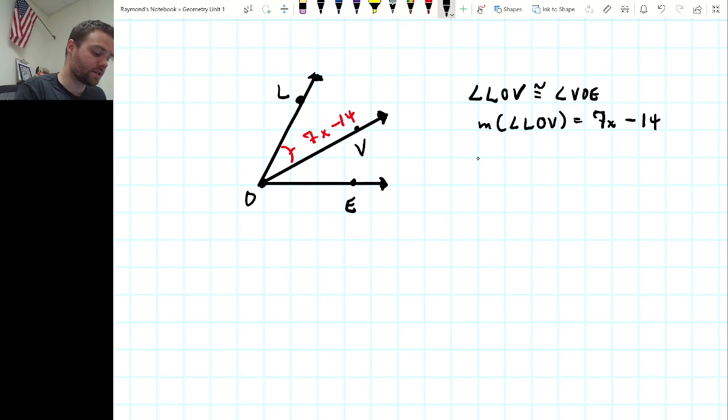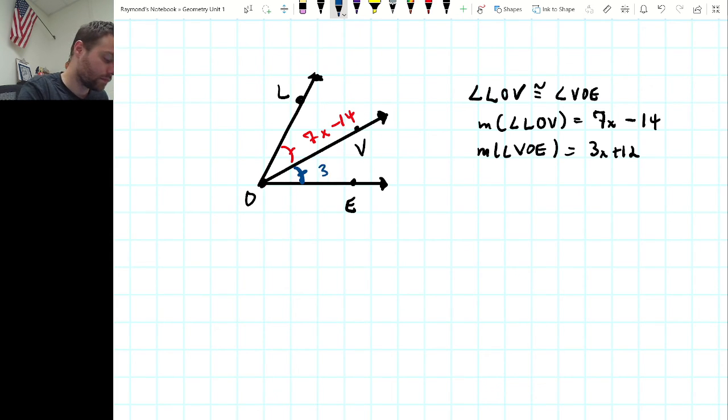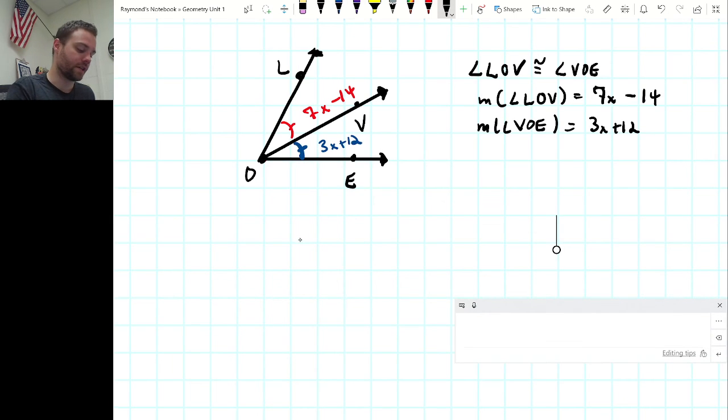And then they tell us that the measure of angle VOE is equal to 3x plus 12. So this angle down here is congruent to that one, and the expression 3x plus 12 stands for its measure. And they want us to find x. That's the next goal.